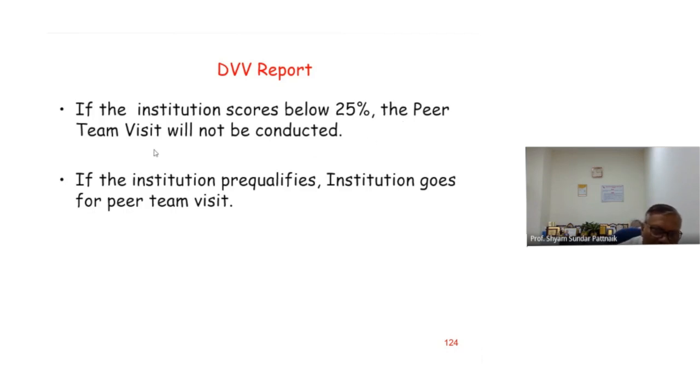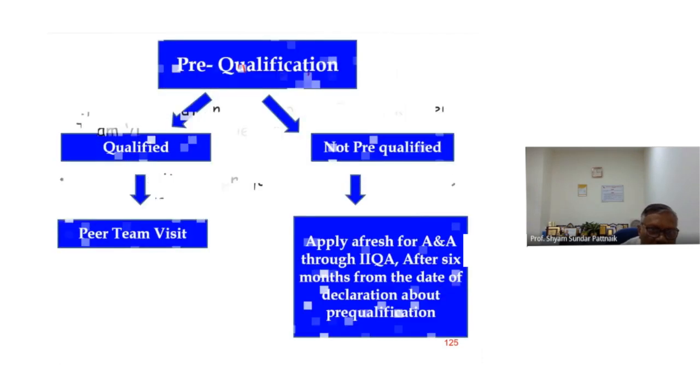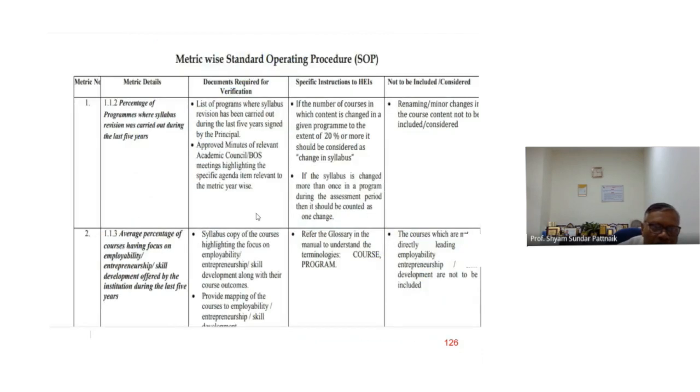So your pre-qualifying stage is your DBB report. If the DBB report is below 25%, you don't qualify. If it is above, then you qualify. If you are pre-qualified, then there is a peer team review. Otherwise, again, you go back to the same process we have already told. So that is the way it happens.